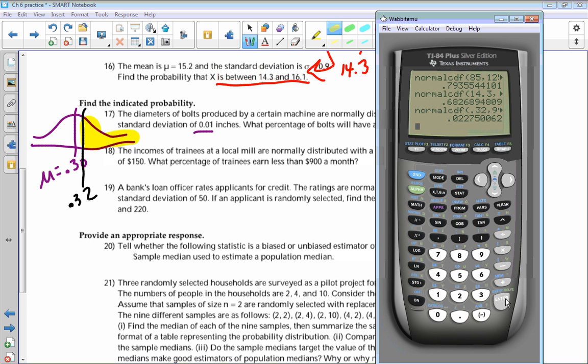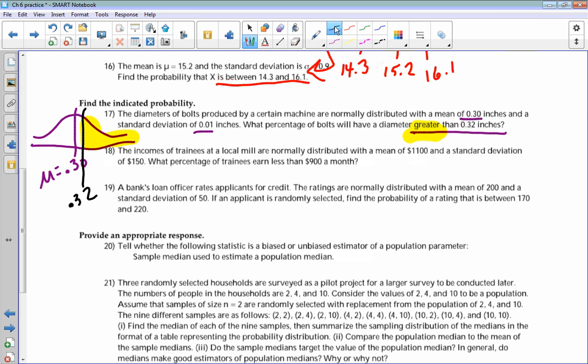And enter, and I'm going to find that that is 0.0227 or 0.0228. And if I want to write that as a percent, I'm going to say 2.28%.